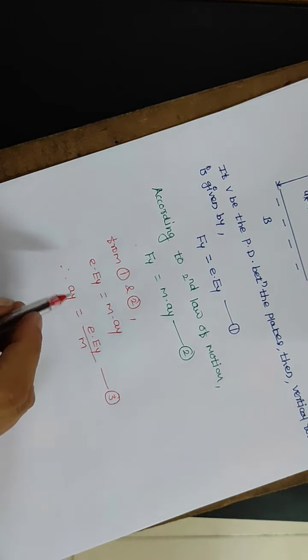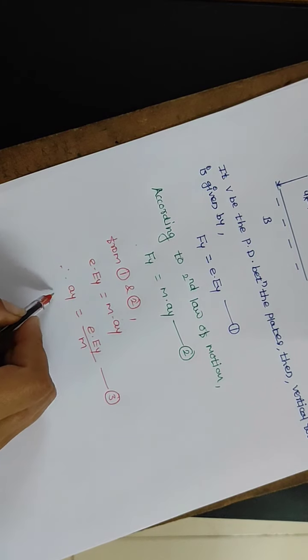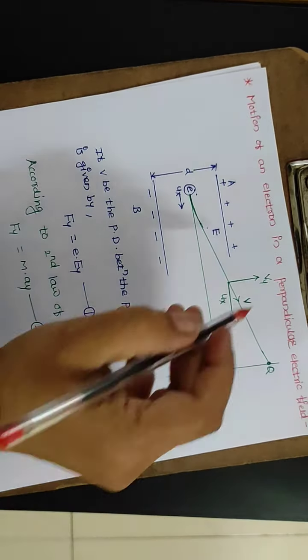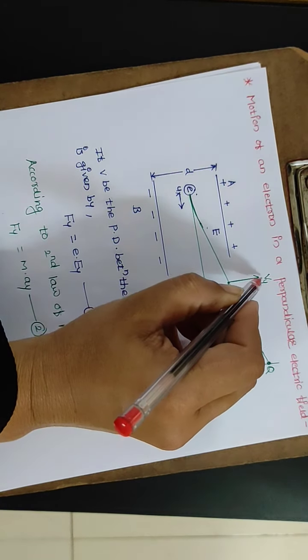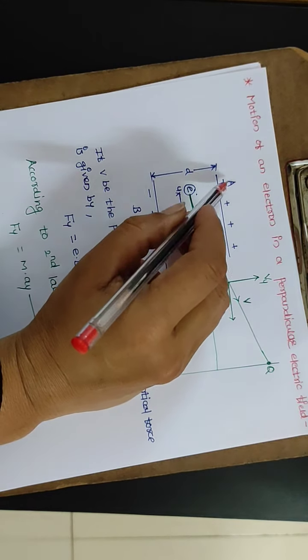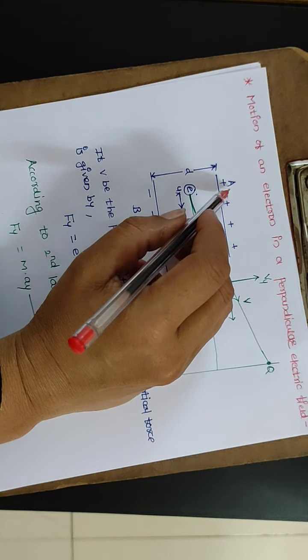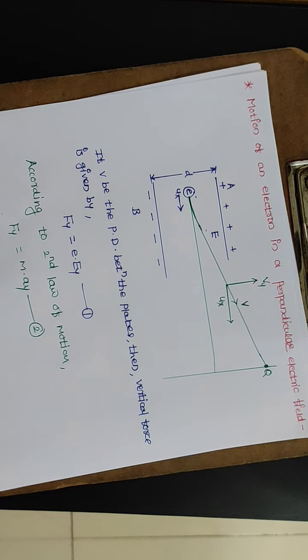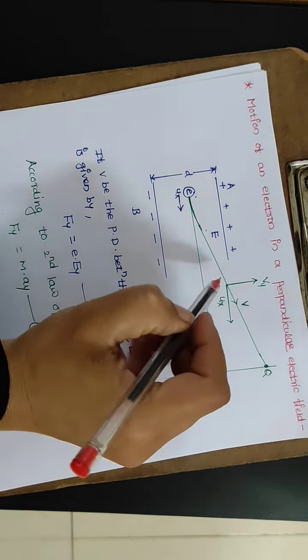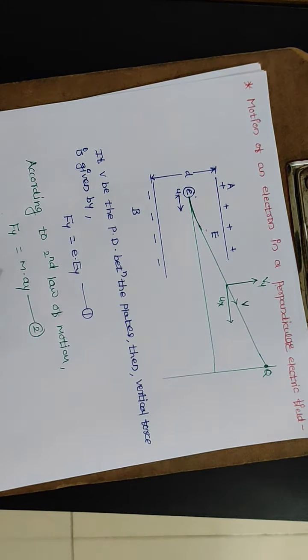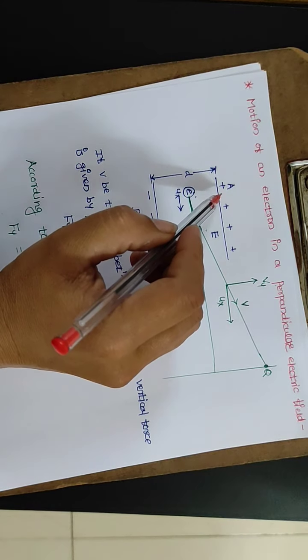Now this ay is directed along the y-axis, that is, towards the plate A. ay means the acceleration produced along the y-axis.